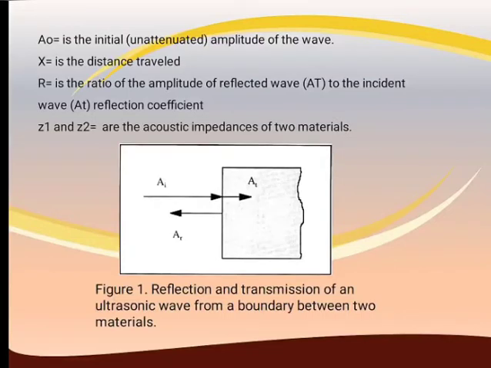A0 is the initial unattenuated amplitude of the wave, and x is the distance traveled, and R is the ratio of amplitude of the reflected wave AR to the incident wave AI, the reflectance coefficient. Z1 and Z2 are the acoustic impedances of the two materials. Here is given the figure in which you can see the reflection and transmission of ultrasonic waves from the boundary between two materials.